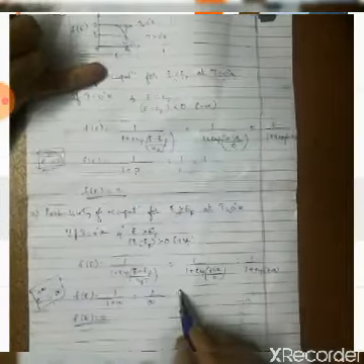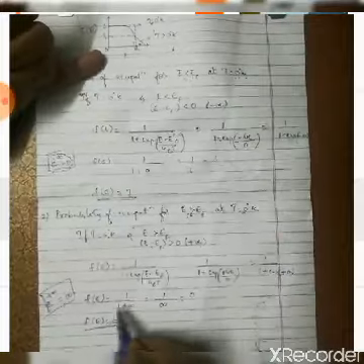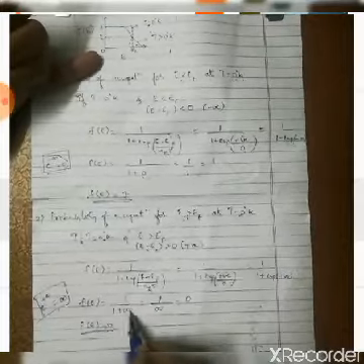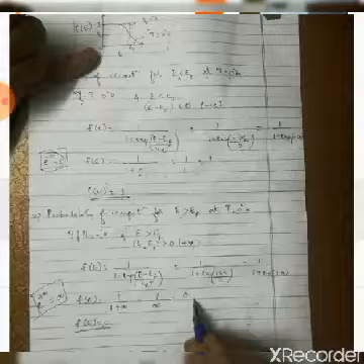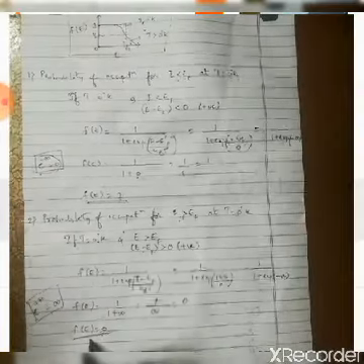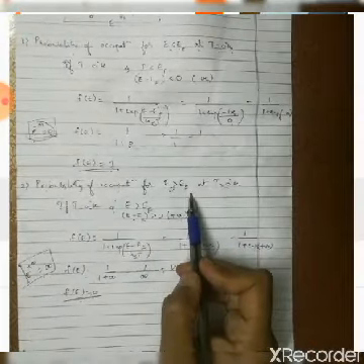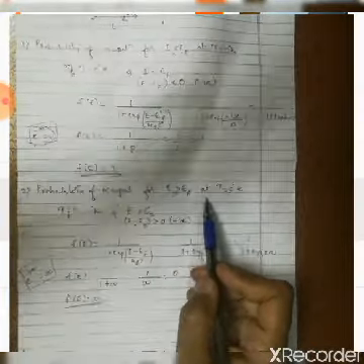So substitute the exponential as infinity, 1 by infinity becomes 0, and you can write f(E) equal to 0. This is the second case, for energy greater than E_F at T equal to 0 degree Kelvin.